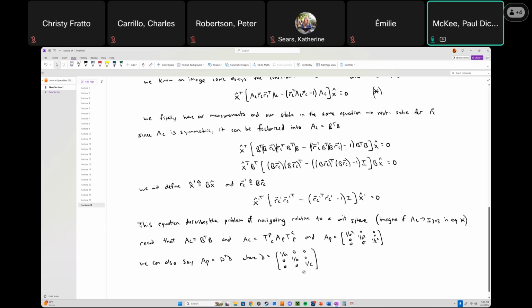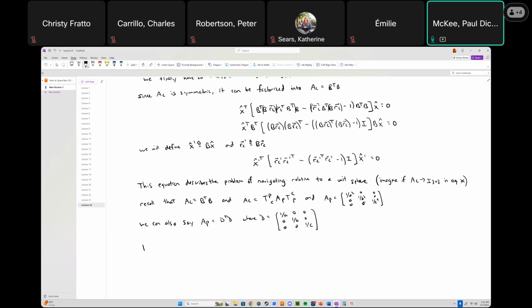Okay. The reason we do that is because now we can say that AC is the attitude transformation matrix from planet to camera, and then making a substitution, we get D transpose D, and then the attitude transformation matrix from camera to planet.